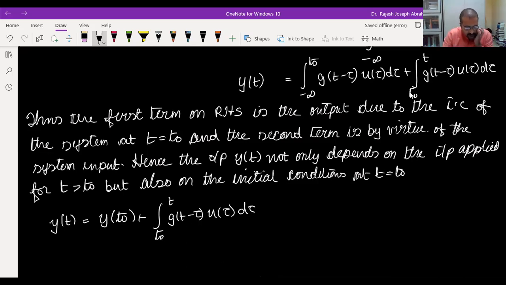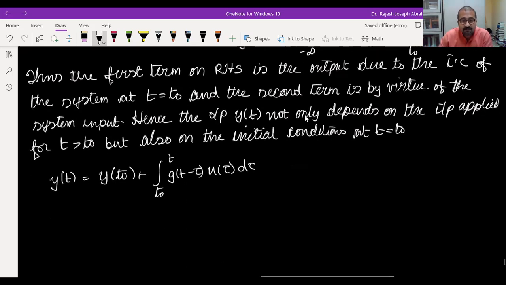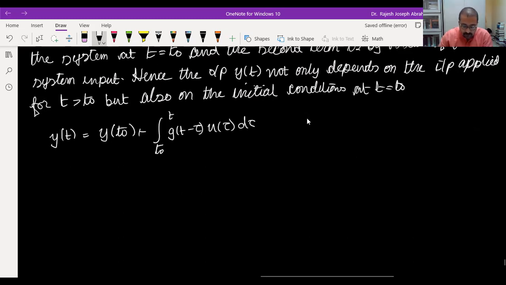It is necessary to uniquely define the output at any instant of time when an input is applied. Are you getting me? If this term is missing, you cannot get the correct output. So this corresponds to the initial condition basically.